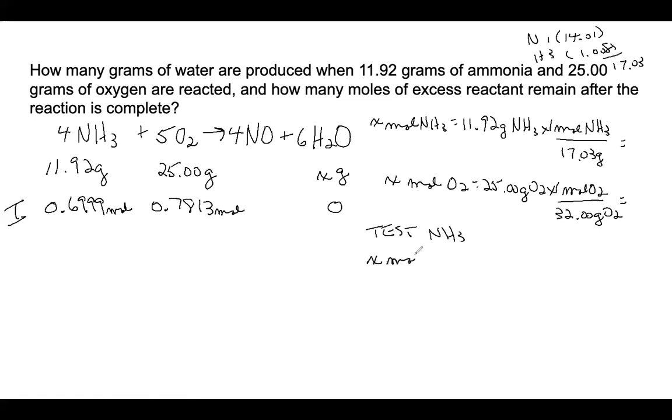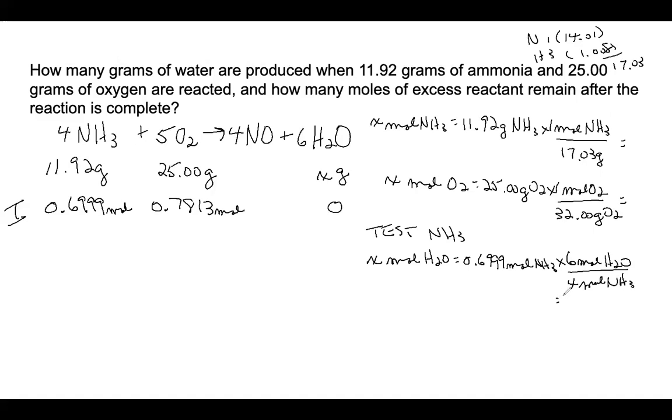So X moles of H2O equals 0.6999 moles of NH3 times, and now we look at our coefficients, it's just simple mole ratios, 6 moles of H2O for every 4 moles of NH3.